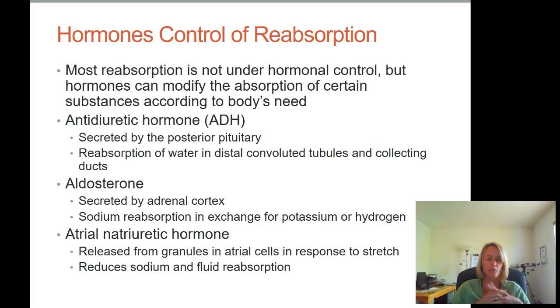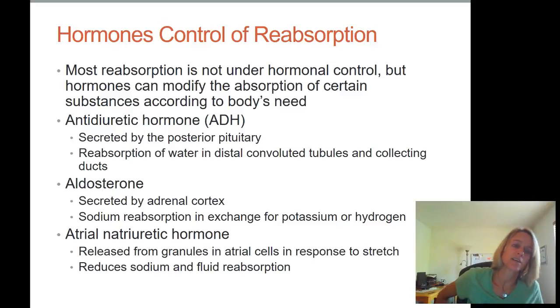So let's talk about some of the hormones that control reabsorption. So most reabsorption, as I mentioned earlier, is not under hormonal control. And most reabsorption occurs in the first part of the nephron, the proximal convoluted tubule. But some hormones can modify the absorption of certain substances according to the body's need.